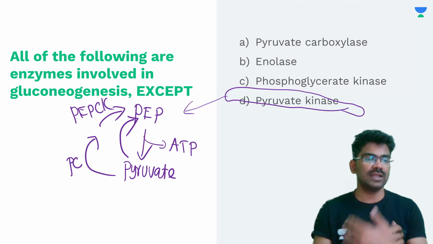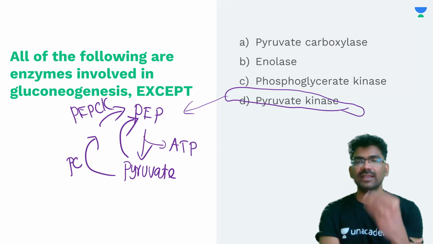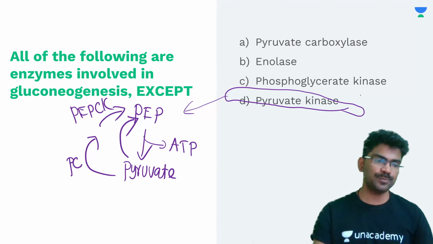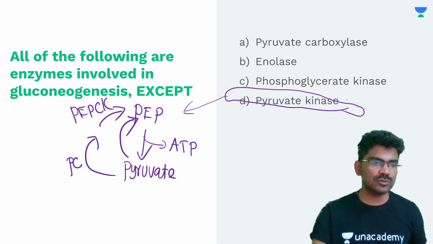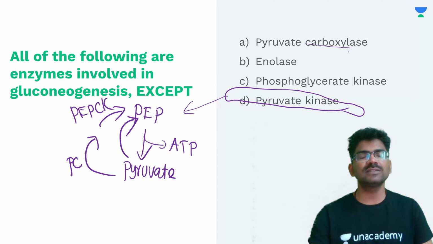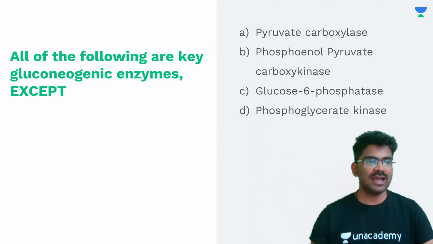So that's a reversible step catalyzing enzyme, and obviously it can be utilized in gluconeogenesis also. Phosphoglycerate kinase also catalyzes a reversible step, so that can also be utilized in gluconeogenesis. Pyruvate carboxylase is a unique enzyme of gluconeogenesis. Answer the next one.